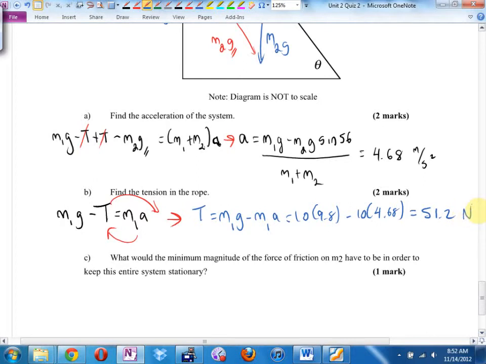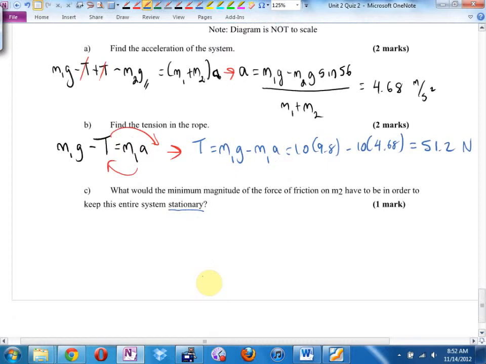Okay. What would the minimum magnitude of the force of friction on M2 have to be in order to keep this entire system stationary? Key word here. Because what this is really telling me is my acceleration is going to be 0.